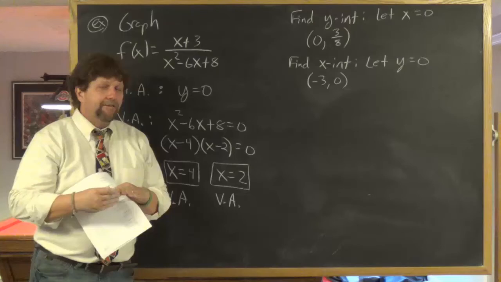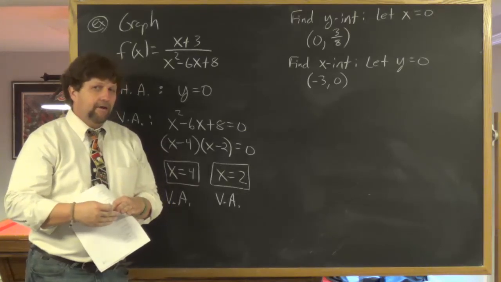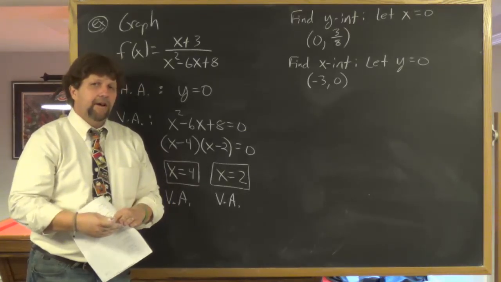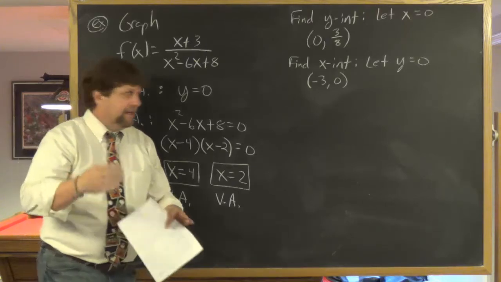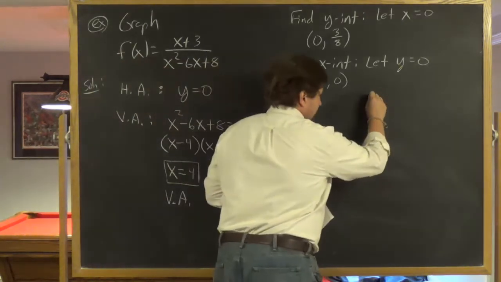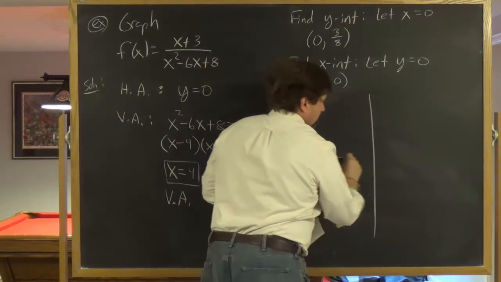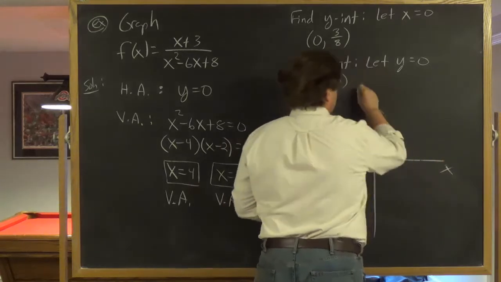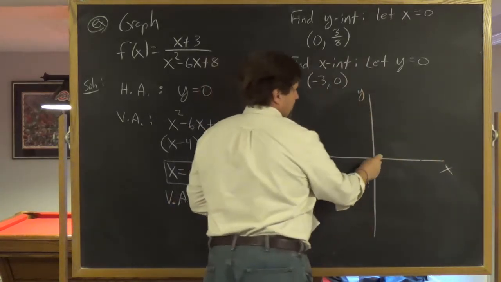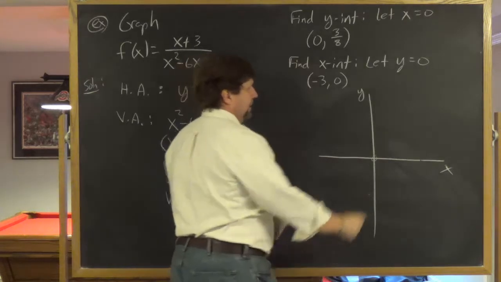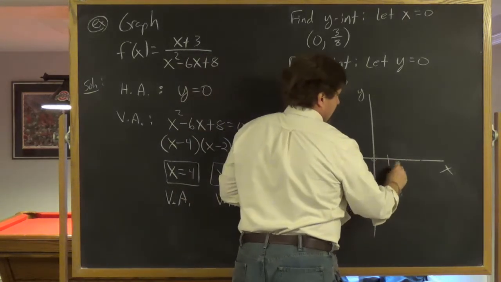I think I might have enough information right now to sketch the graph of this rational function. Let's try it. So here we go, the x-axis, the y-axis. Yeah, that's the origin. Get some scaling on here.